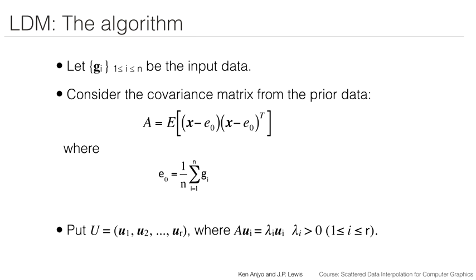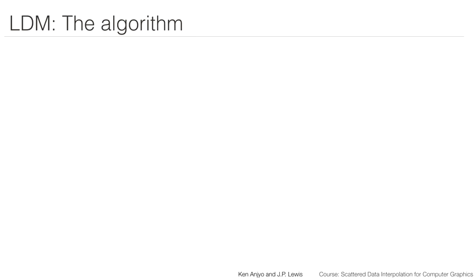Then through the eigenvalue analysis, we have a somewhat smaller matrix from A, where U consists of the eigenvectors, each of which has positive eigenvalues. So we discard the eigenvectors having 0 eigenvalues. Let's put it here as U.